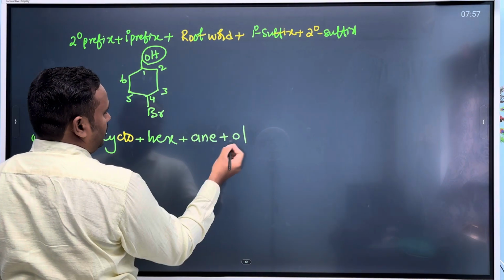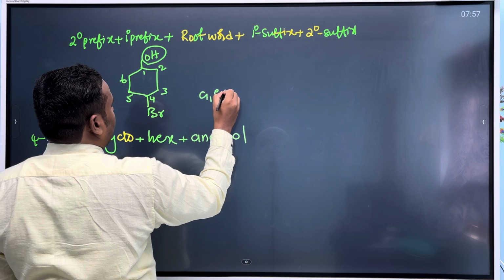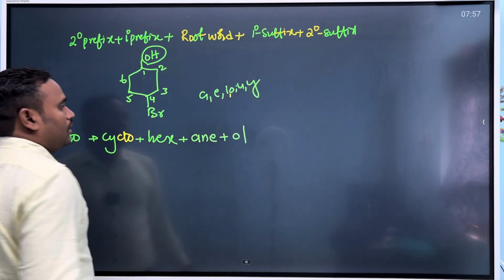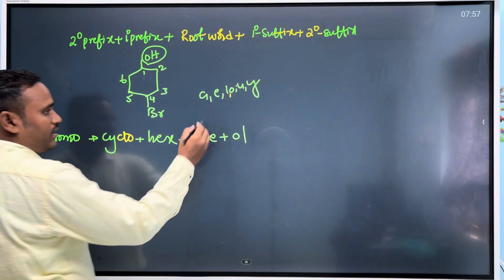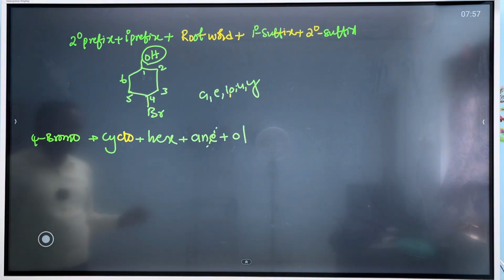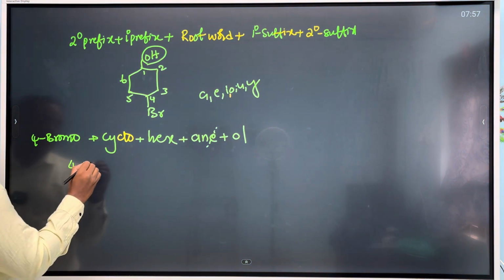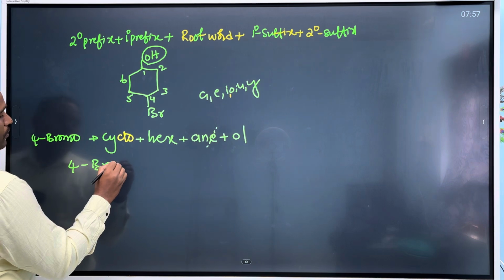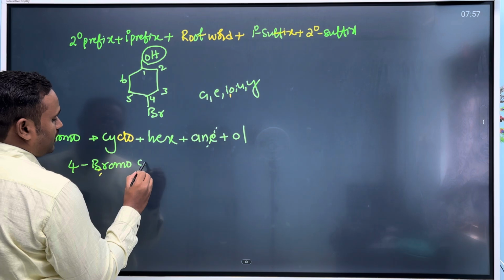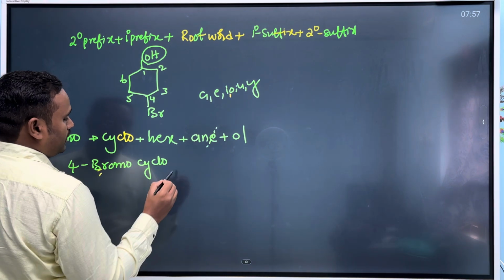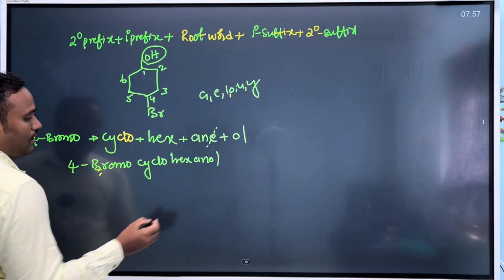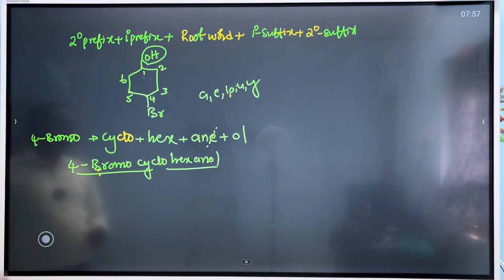Whenever we have a-e-i-o-u, it means vowels are in adjacent positions, and the first vowel should be cut. So we cut the first vowel here. So now the total name is 4-bromocyclohexanol. This is the complete IUPAC name of this compound.